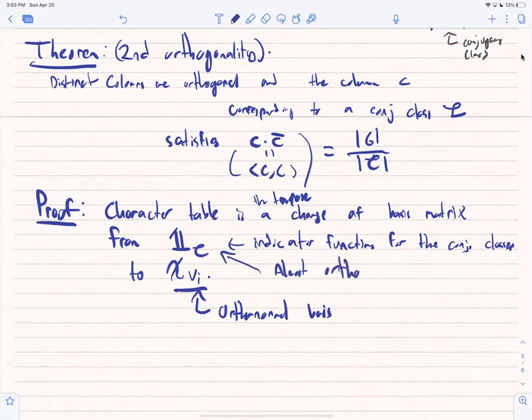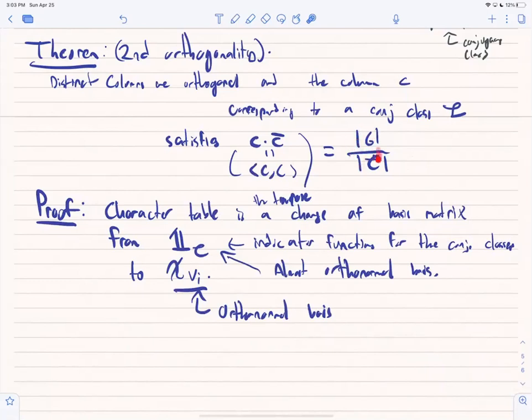So it's orthogonal, but the inner product of one of these with itself is not one.